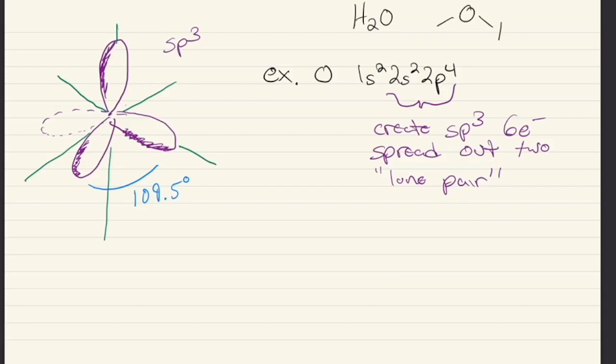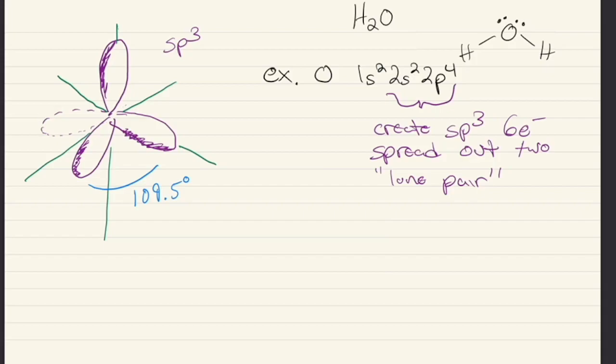Oxygen, basic Lewis structure drawn like such. And because there are 4 electron domains around oxygen, we should expect hybridization to be able to accommodate all of them.